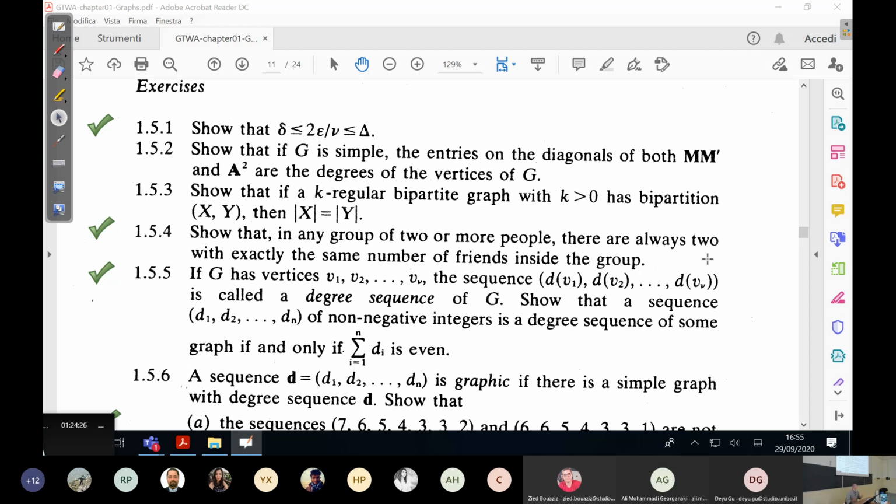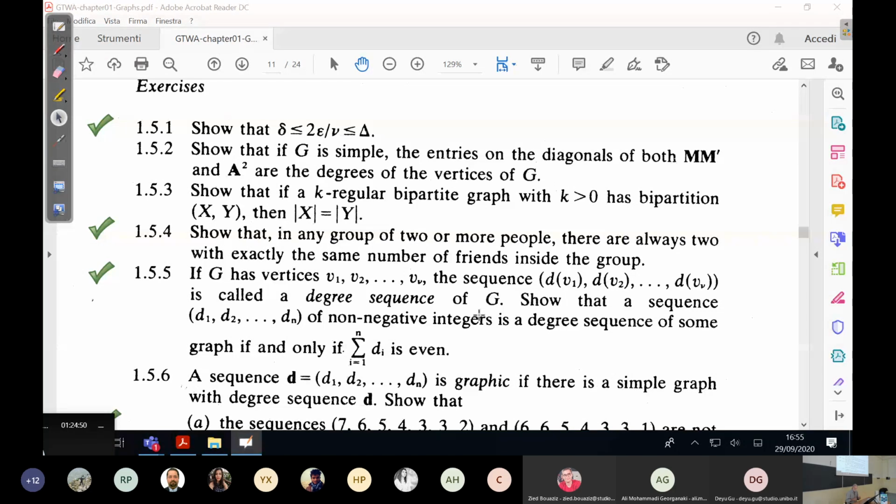Be careful: if all of these people have no friends, but we are talking about two or more people, it means that all of them have degree 0, and so you have at least two people with the same degree, 0.